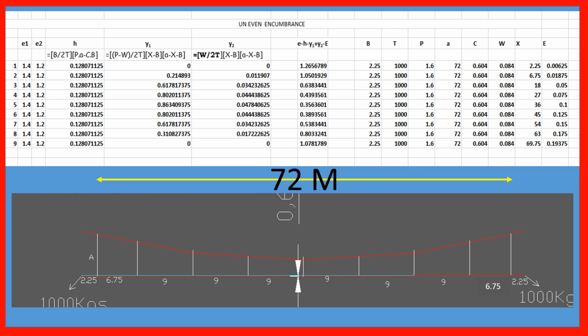So how do we find out the E when the uneven encumbrance is there? I am showing it in the next slide.